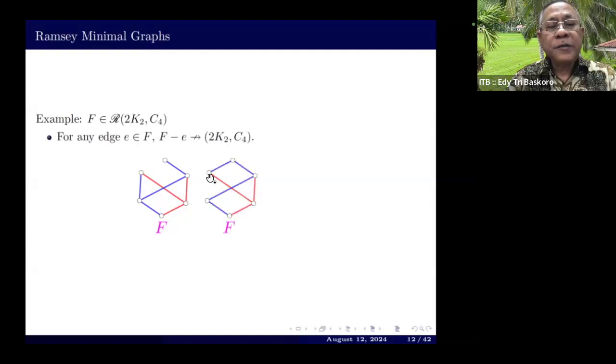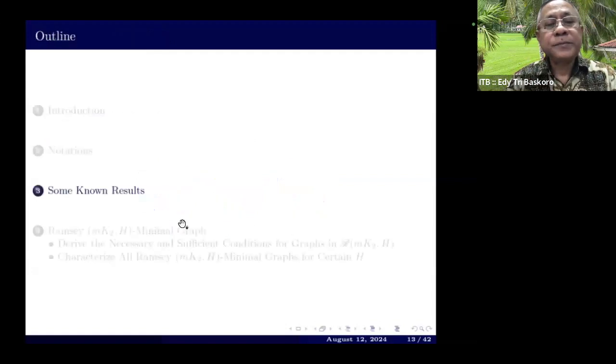Or if you remove an edge here, you have this kind of coloring. Or if you remove an edge here, then you will have this coloring. Therefore, these two conditions are satisfied, so F belongs to the Ramsey minimal graphs R(2K2, C4).